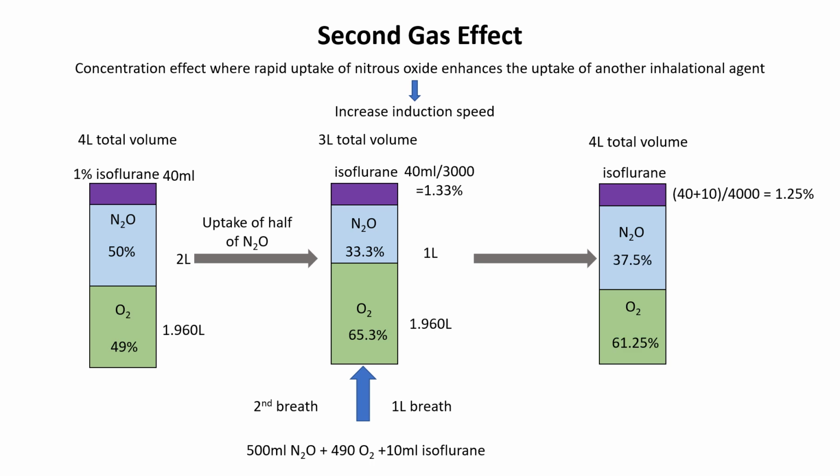This is the augmented gas inflow part, where despite administering 1% isoflurane, the concentration of isoflurane in the alveoli is more than 1%. The second gas effect increases the partial pressure of anesthetics in the alveoli, increasing the FA/FI ratio and accelerating the speed of induction.